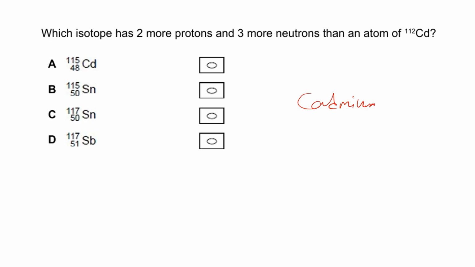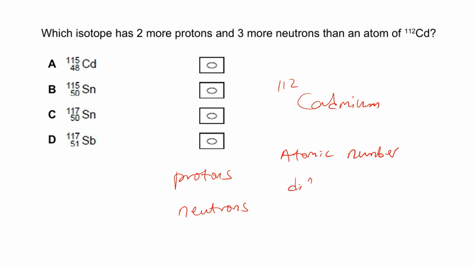Now, isotopes basically are atoms that have the same number of protons but different numbers of neutrons, or you can say they are atoms that have the same atomic number but different mass number. Basically the proton plus the neutron is what makes up the mass number.